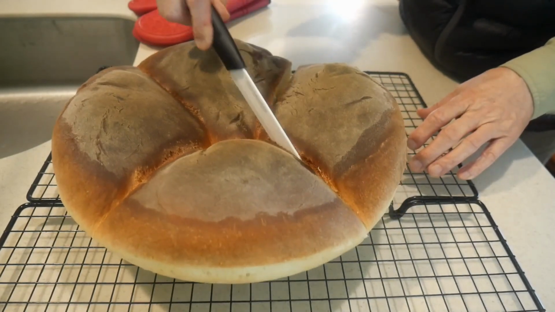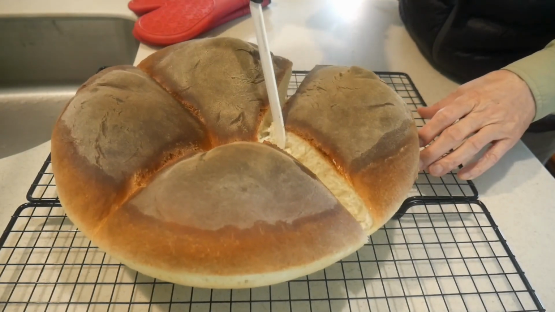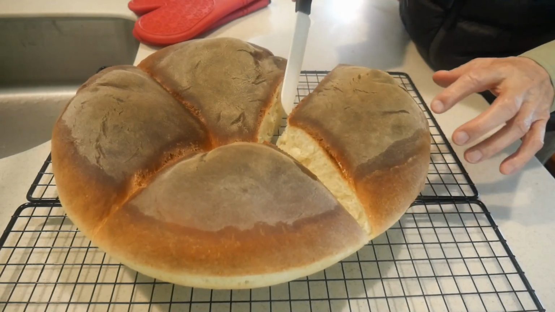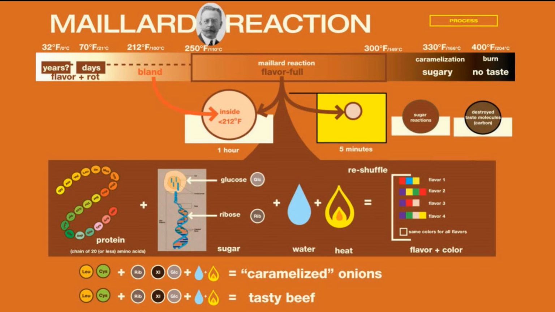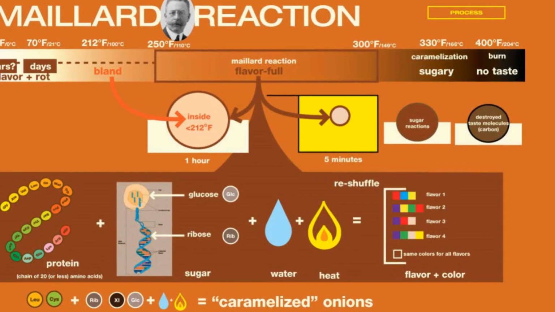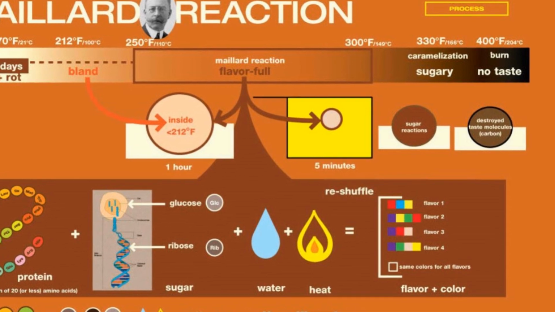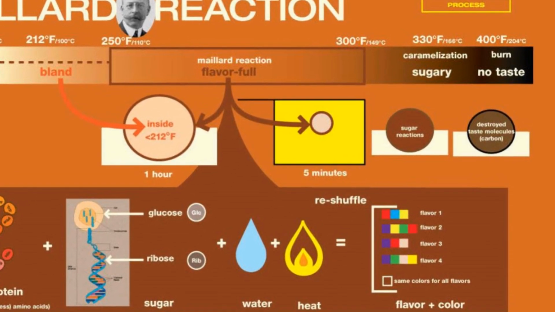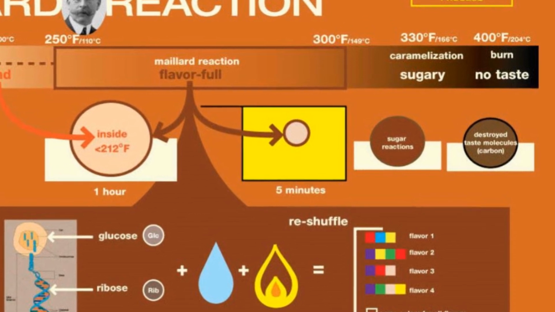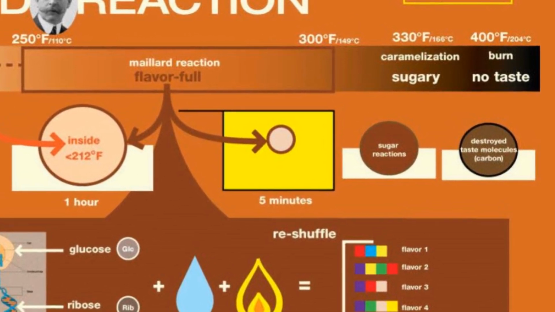This takes place due to this chemical reaction, which alters the chemical molecules on the surface of the food. In addition to causing the food to turn brown, most importantly, it creates flavor molecules. And for the Maillard reaction to occur, the temperature has to be between 250 degrees to 300 degrees Fahrenheit.